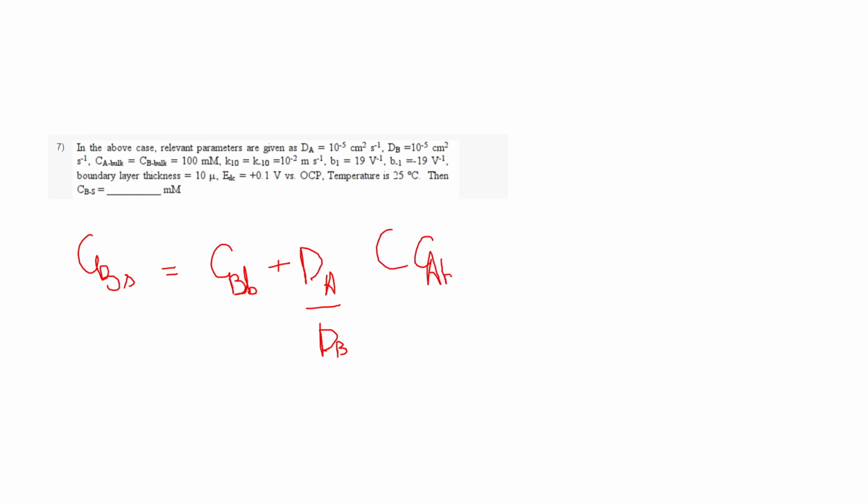If from the previous question you are getting the CAs value wrong, then it's obvious that this question also you'll get wrong, because both are related. Like CAs you're getting from the previous question. So if you make a mistake in that value, this question also will go wrong. So there's a formula. Please substitute all the values and let me know what's the answer.